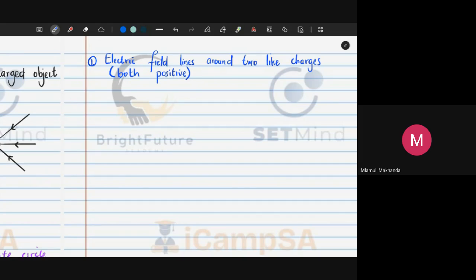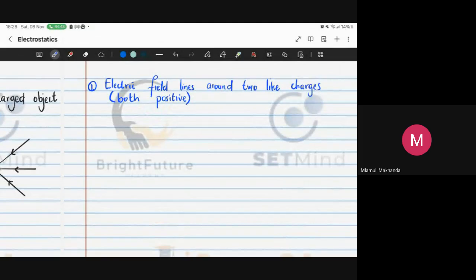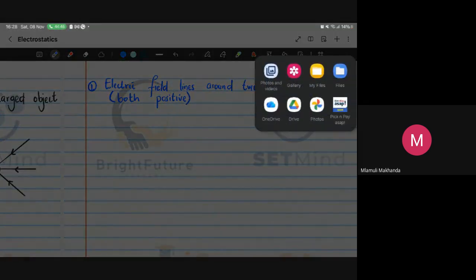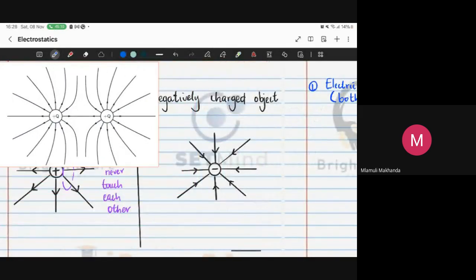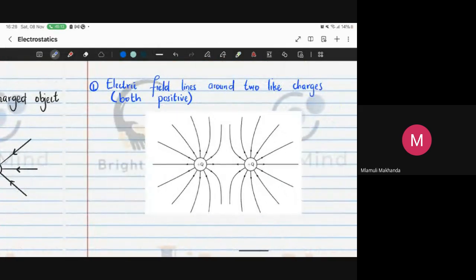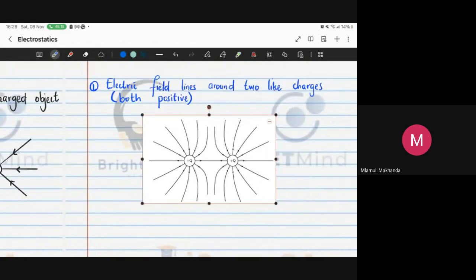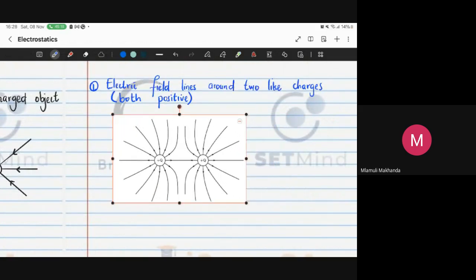Let's see what they will look like. So this is how they would look.